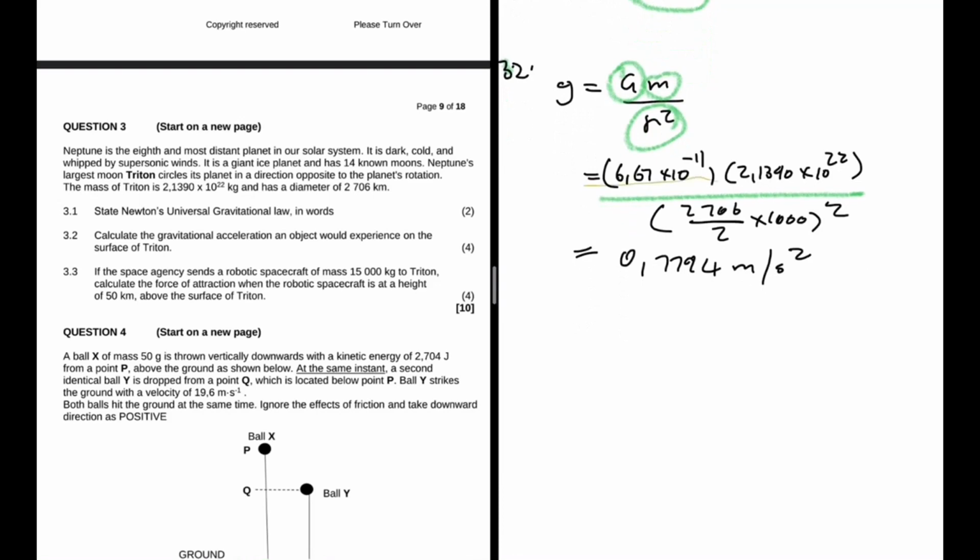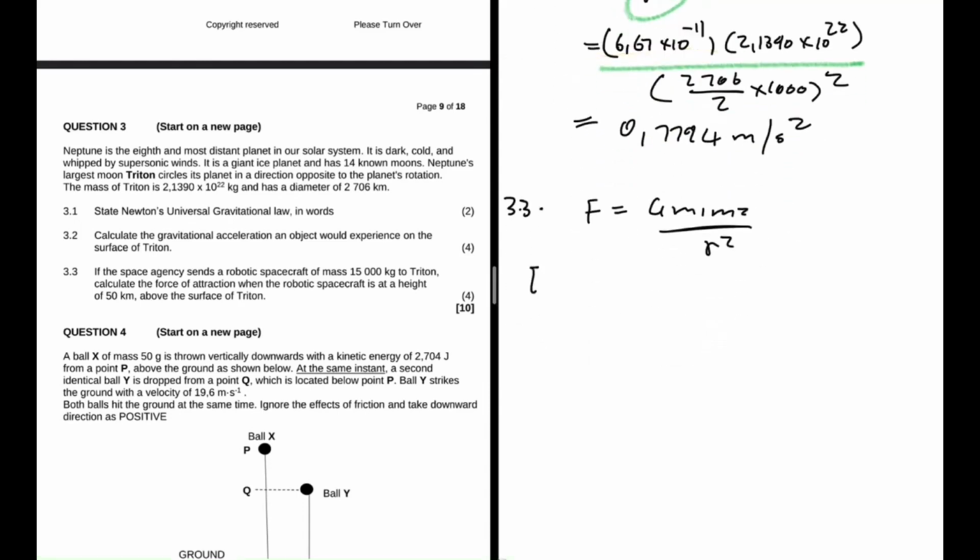We can move forward and go to 3.3. 3.3 says, if the space agency sends a robotic spacecraft of mass 15,000 kg to Triton, calculate the force of attraction when the robotic spacecraft is at a height of 50 kilometers above the surface of Triton. So we know fully well that F, like we have already said, is equal to G m1 m2 divided by r squared.